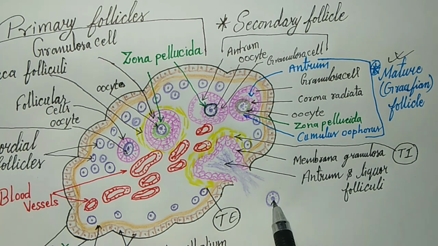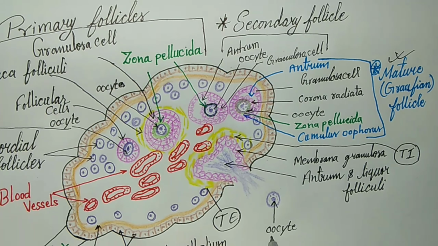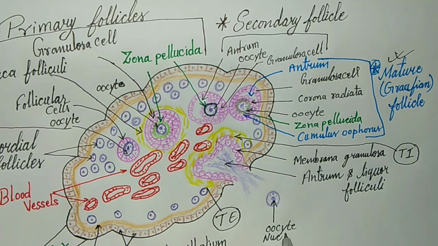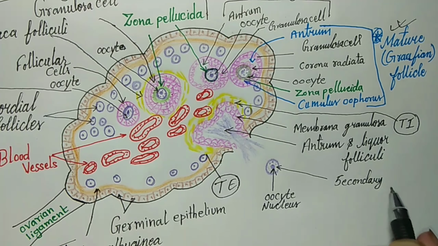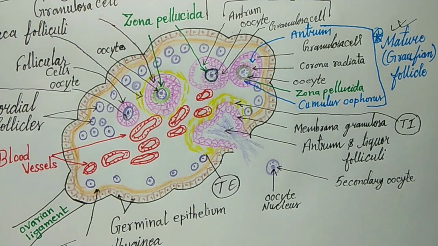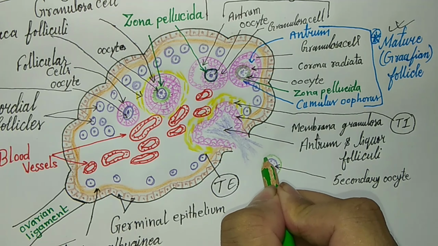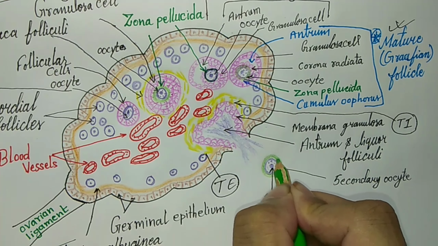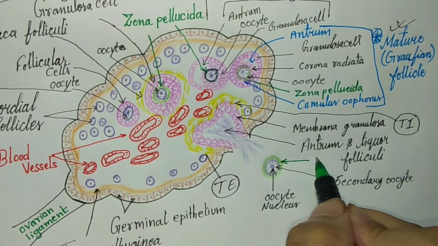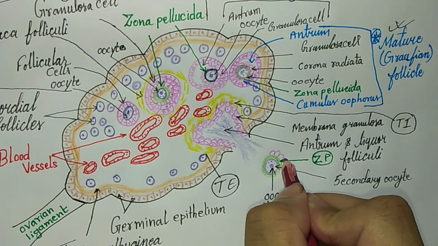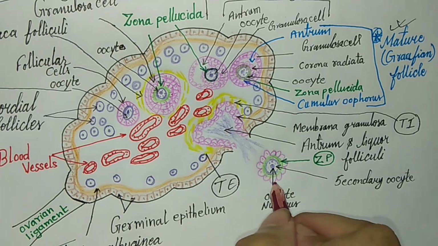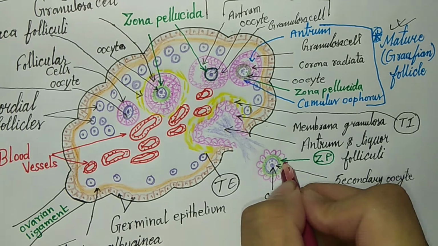When the mature follicle ruptures, there is release of the oocyte nucleus along with the secondary oocyte, along with the zona pellucida, ZP is zona pellucida, and a layer of loosely adherent granulosa cells that is called CR.